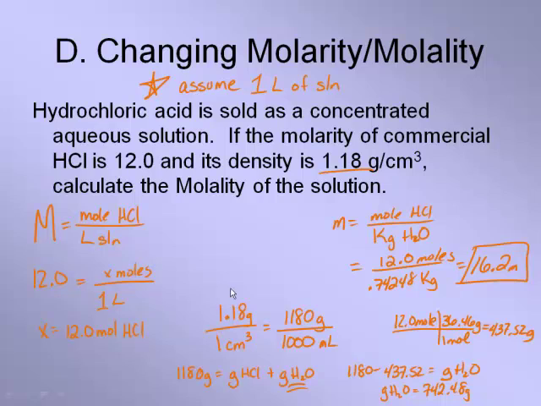Now, notice what I did. I did a whole lot of work all over the place. First thing is this key factor right here: assume 1 liter of the solution. When you do that, that will tell you immediately how many moles of solute you have. Plug your numbers into your formulas as you go so that you know what you're missing. Density tells you total mass for the total volume.